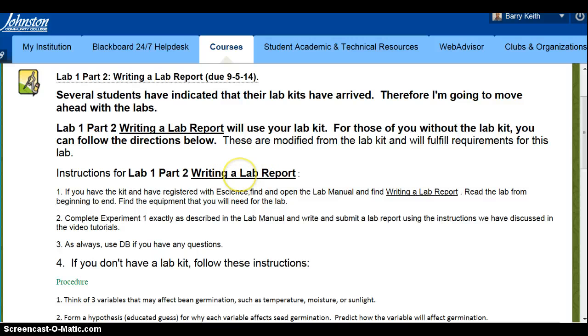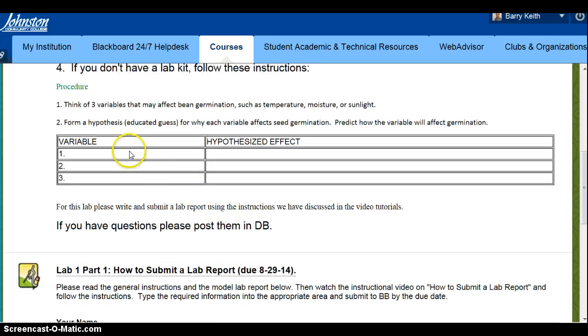Plant the seeds, watch them grow, and what you do is some seeds you treat one way and some seeds you treat the other way, and you compare the two. In other words, you have some variable like amount of water, and then hypothesize. Guess what the effect is going to be. Seeds that get water grow good, things that don't get water don't grow so well. That sort of thing. You need to have a couple of variables and write about them.